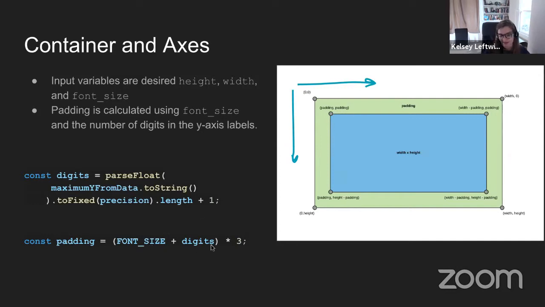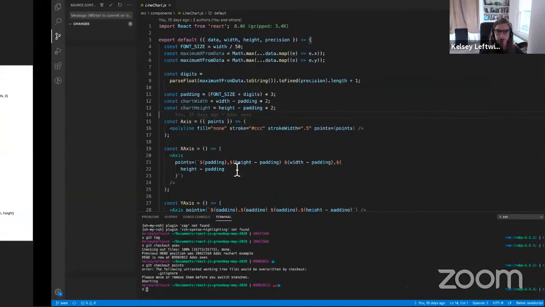So what I thought looked good was the desired font size that I had, those number of digits, and then multiplied it by 3. So basically there's not like an exact formula for this. It's just what you think looks good based on what font you're using and based on the data set. So if you think what range you might be in. So let me show you the code.